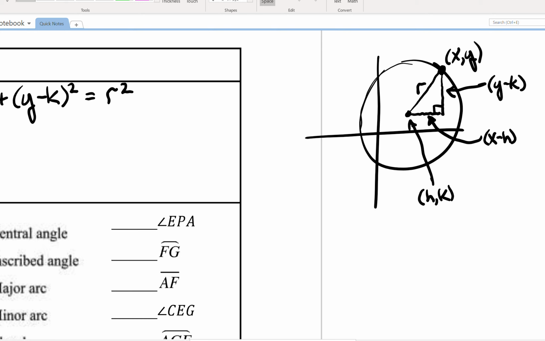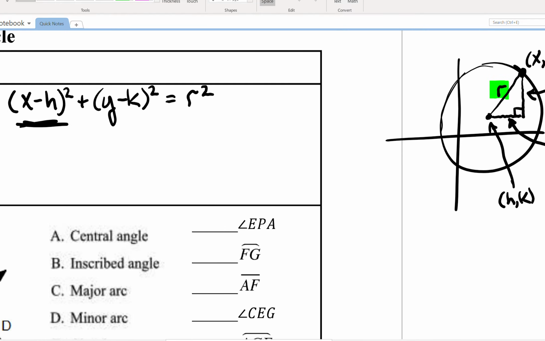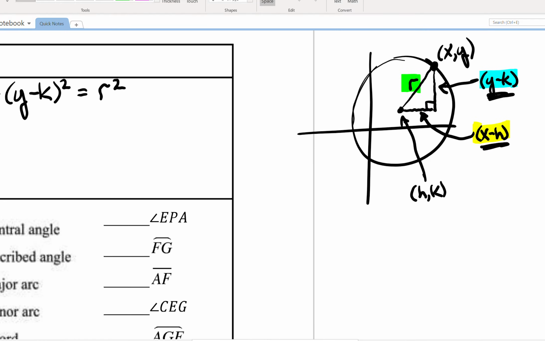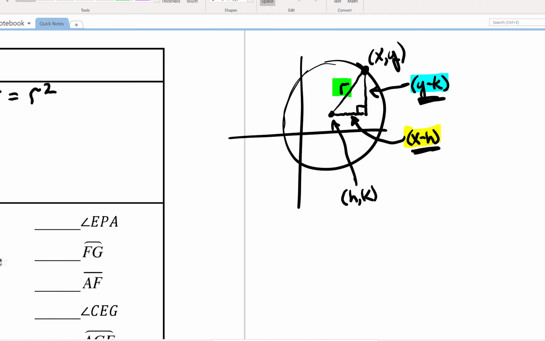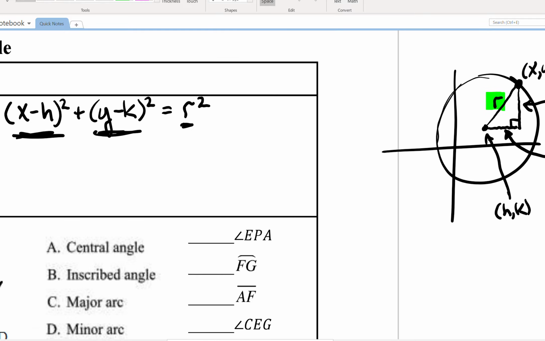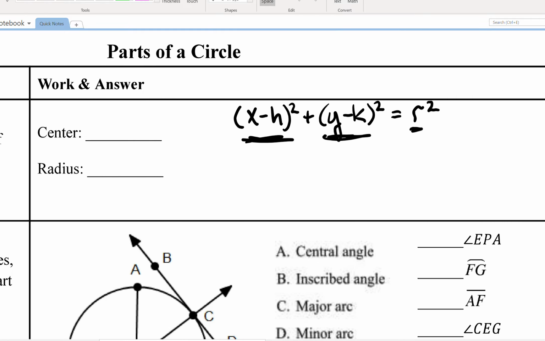But then you use the Pythagorean theorem, and so you're going to take A here, and B here, and C here is the radius, and then you're just going to square them. So (x minus h) squared plus (y minus k) squared is equal to the hypotenuse, or r squared, and that gives us the equation of the circle.